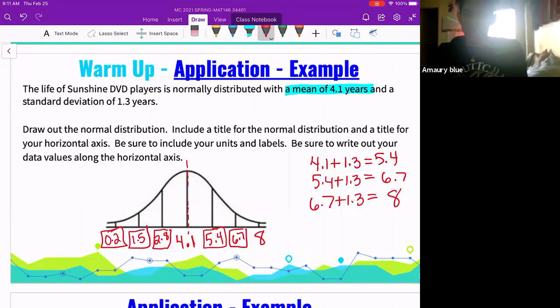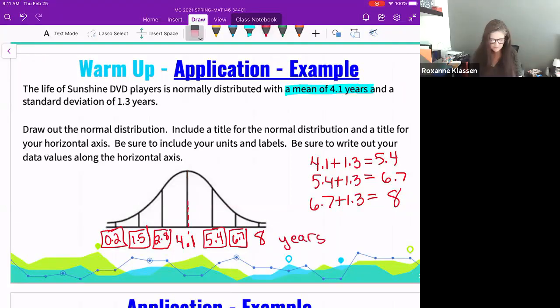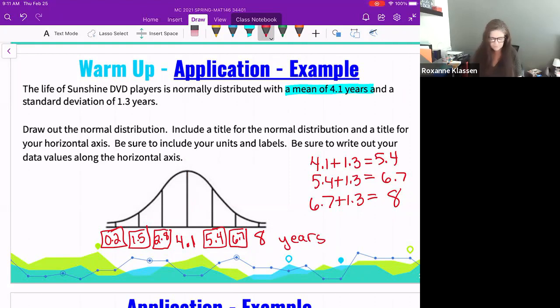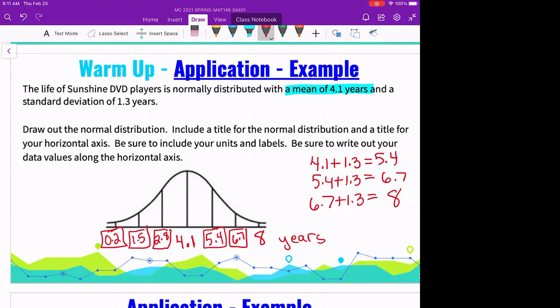Years. Very nice. Years. And then what else are we missing? We're missing some labels. What does every graph need? A title. Very nice. Jende, what would you title this graph? I guess DVD player, the life. Okay.